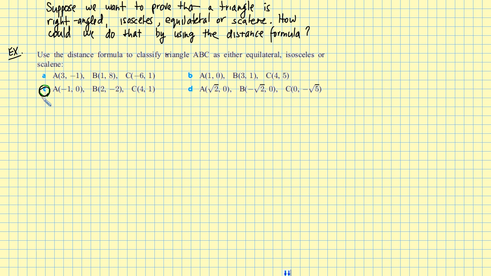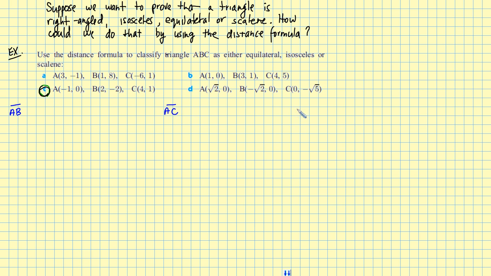Let's take example C, we could use the distance formula to classify triangle ABC as either equilateral, isosceles, or scalene. And all I would have to do is use the distance formula 3 times. So I would have to find the distance between AB. I would have to find the distance between AC.